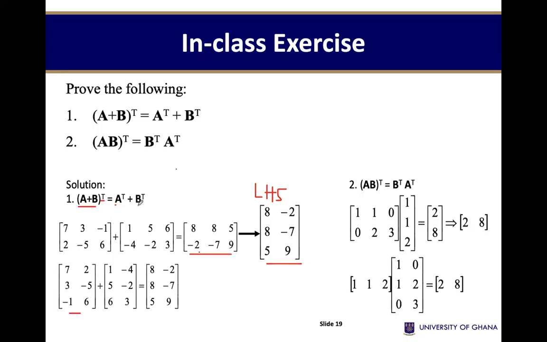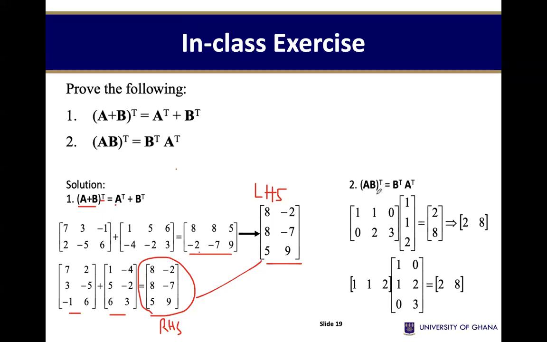When I also pick the B and transpose it, that gives me 1, 5, 6, negative 4, negative 2, 3. Then I can add them after transposing, and if you check, you get the same thing as before. So the right-hand side should be the same as the left-hand side, which you have done initially. That's it with this.